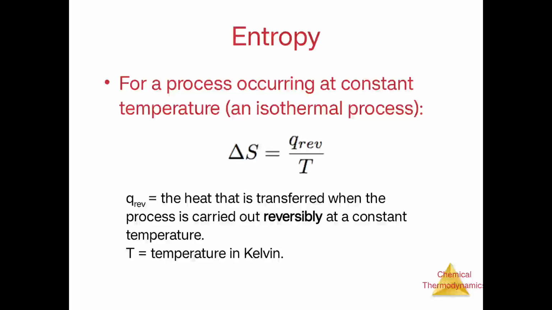So entropy for a process occurring at constant temperature, that means for an isothermal process, is well defined as the ratio of heat that is transferred when the process is carried out reversibly at a constant temperature with respect to the temperature measured in Kelvin. Lord Kelvin is a lord for the heat and the heat flow engineering.